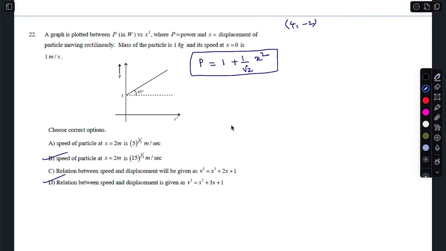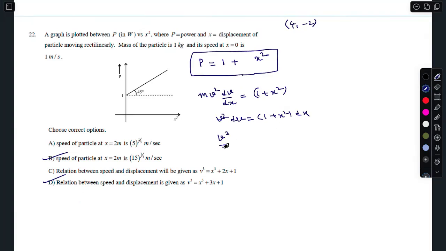Now what is happening over here? 1 plus tan 45, tan 45 is 1. Sorry. Tan 45 is 1. 1 plus x square is correct. M v square dv by dx is equal to 1 plus x square. So therefore, v square, fortunately mass is 1 kg. V square dv is 1 plus x square dx.